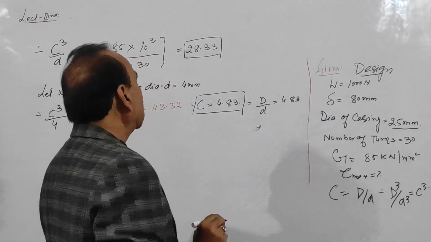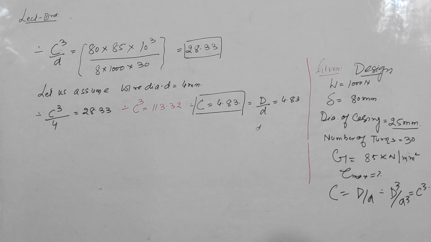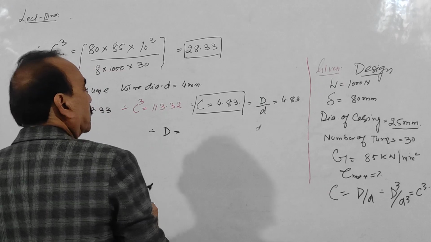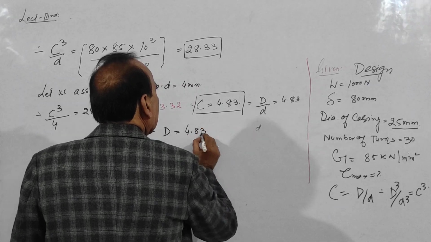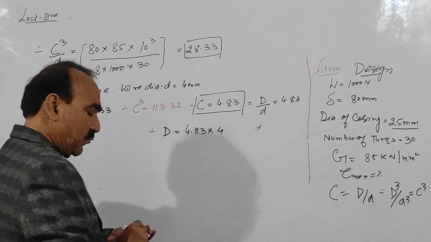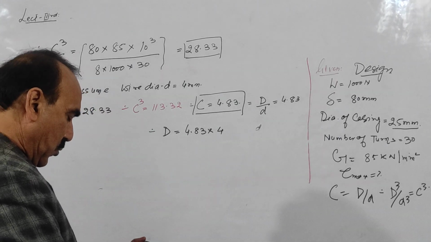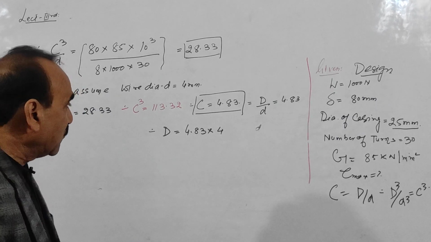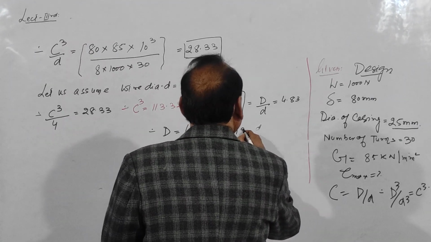Is there any problem? तो small d हमने क्या assume किया था, 4 mm assume किया हमने, so this is equal to 4.83 into 4. So 4.83 into 4, this is equal to how much? This is 19.32.